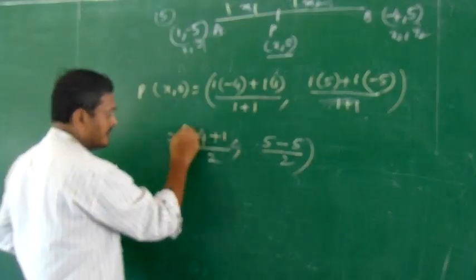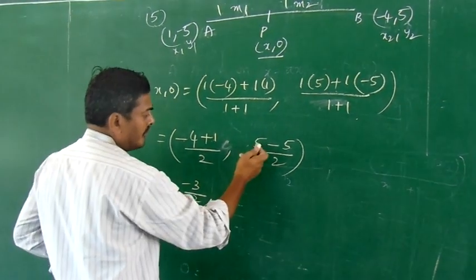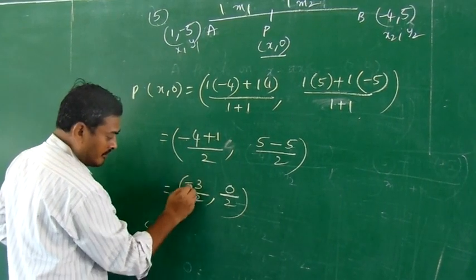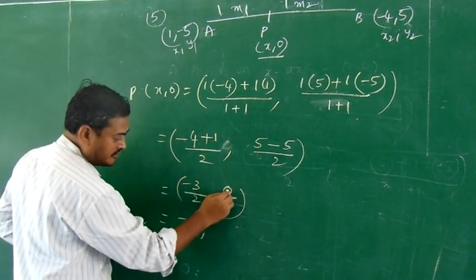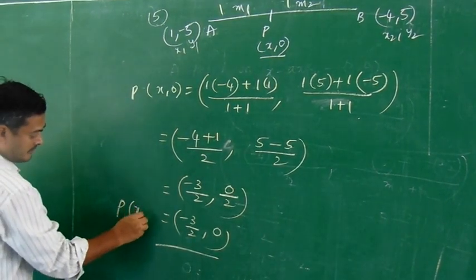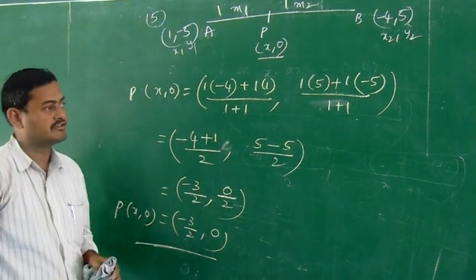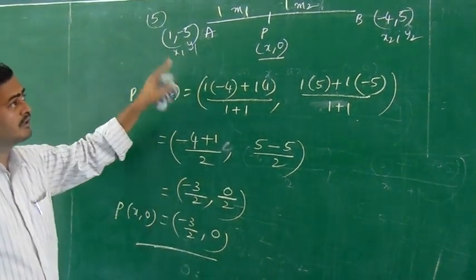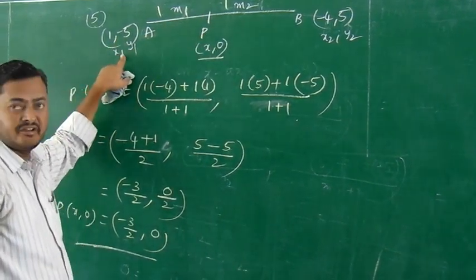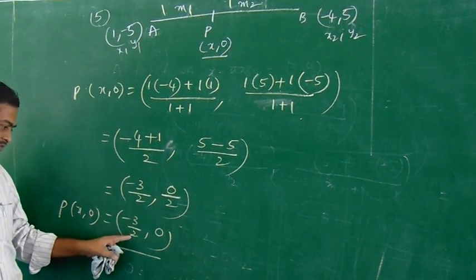This is important. Simplifying: minus 4 plus 1 is minus 3 by 2, and 5 minus 5 is 0 by 2, which means 0. So P(x, 0) equals minus 3 by 2 comma 0. They are asking for the point of intersection. What is the ratio taken here? 1 is to 1. By substituting the m1 and m2 values in the section formula, we get P(x, 0) equal to minus 3 by 2 comma 0.